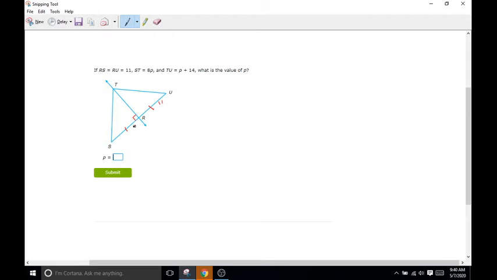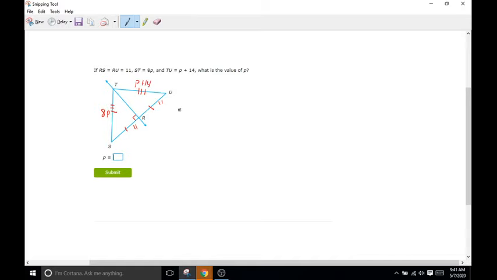So 11 and 11. ST is going to equal 8P, so this one's going to equal 8P. And by the way, that would imply these two are congruent, so I can do, in fact, I'll do 3 just to not confuse the 11. And so that's 8P, and then TU equals P plus 14, so P plus 14.